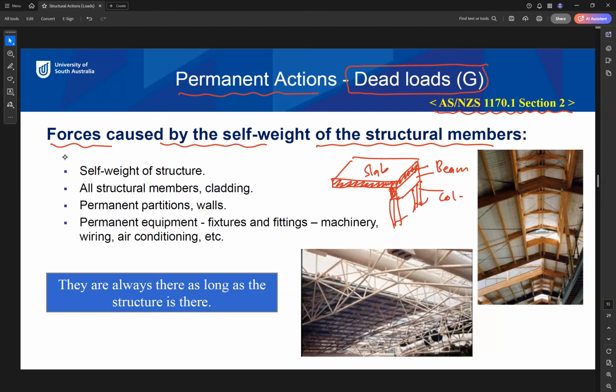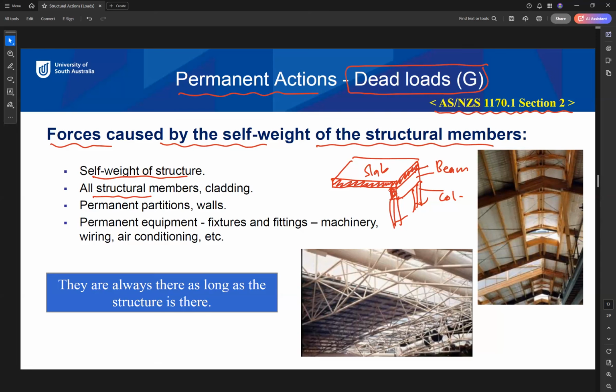Because these elements or bodies have weight, we need to consider this weight. Who will carry this weight? Our structure. So the structure carries itself first, then carries other loads like wind load and the live load. So again, the dead loads are the self weight of the structure.